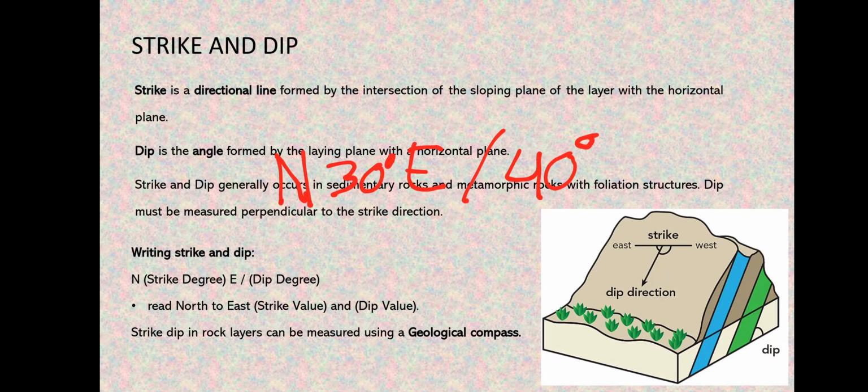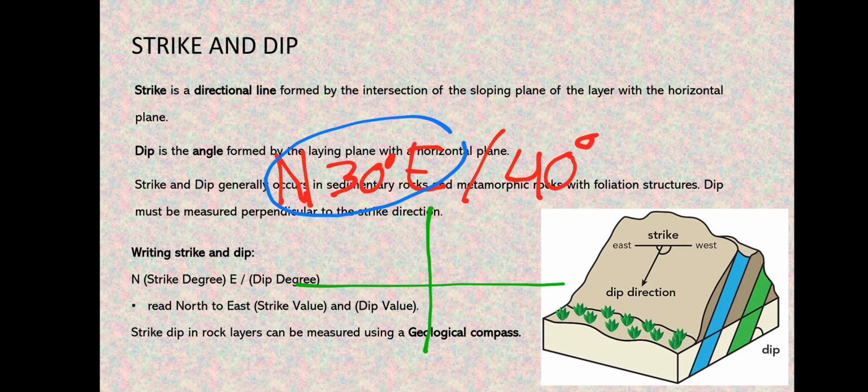We can draw this direction, north 30 degrees. For example, this is the plane, and then north 30 east.